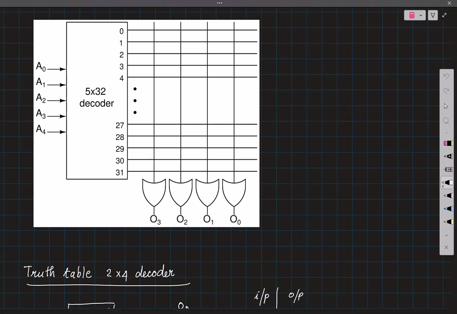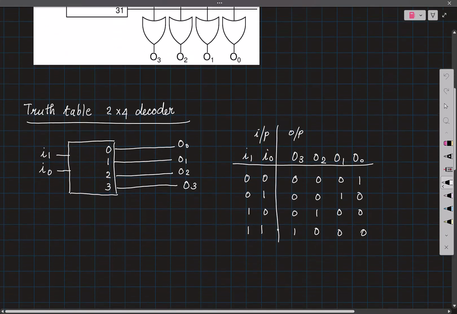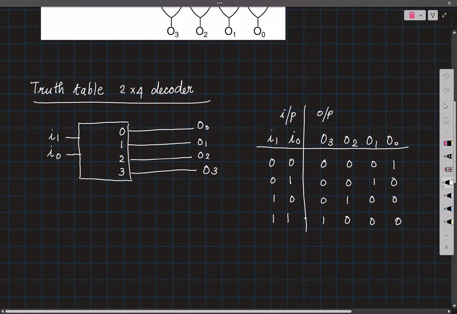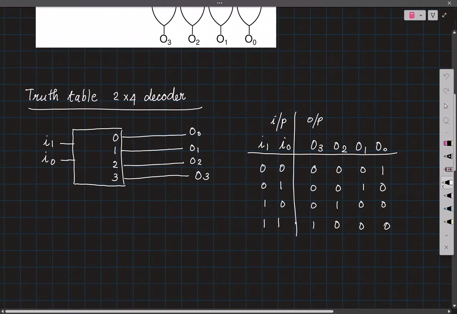Right? So quickly remind me, what is a decoder? I have sketched a 2 cross 4 decoder, which means you have 2 inputs and you will have 4 outputs. Now in a decoder circuit, at a time, only one of the 4 outputs will become 1, and which of those lines becomes 1 is determined by the value represented by I1 and I0.